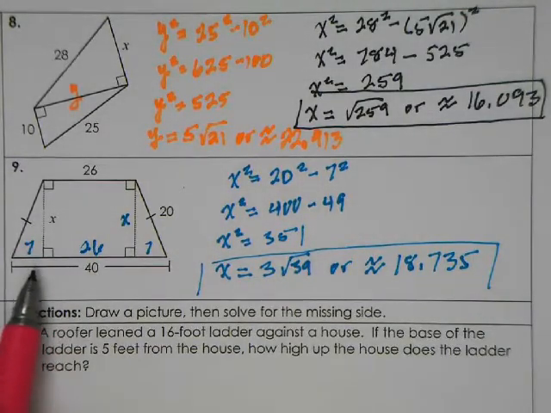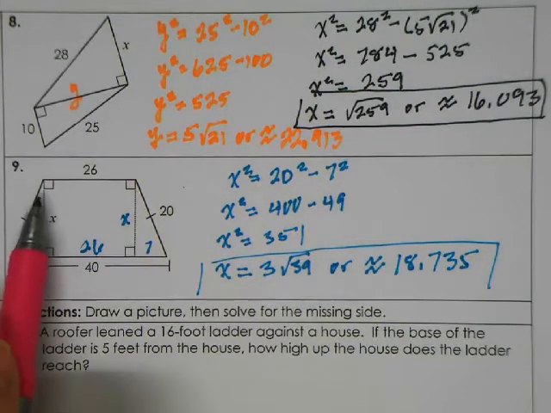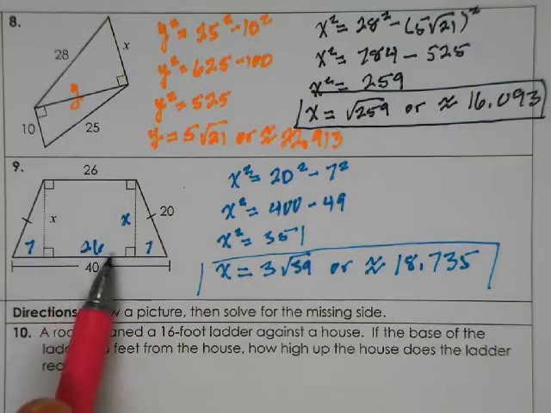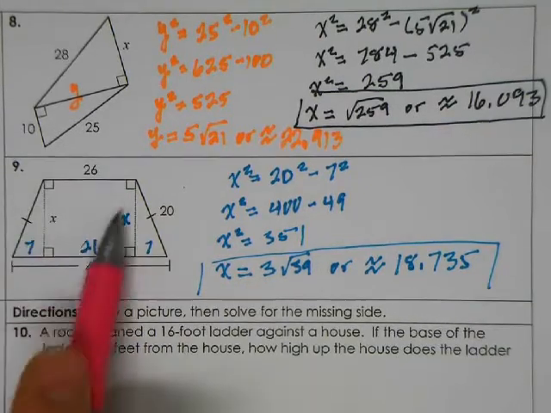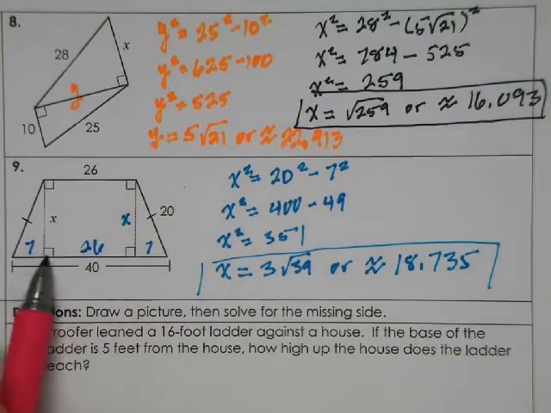So here, the last problem, number 9. This is a very classic type of setup in dealing with any type of right triangle situation, where because we have perpendicular segments between this side and this side, they're parallel, so this would be a trapezoid.